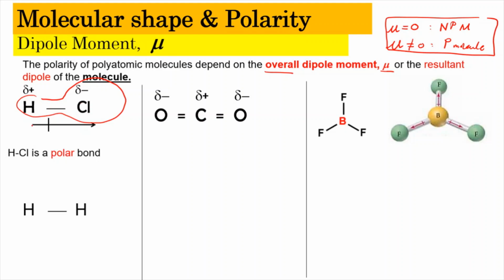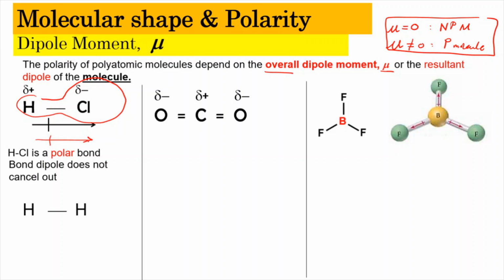Because of the unsymmetric electron distribution, HCl is going to be a polar bond. And as you can see here, the bond dipole only goes in one direction, so the bond dipole does not cancel out.